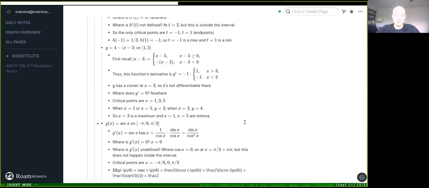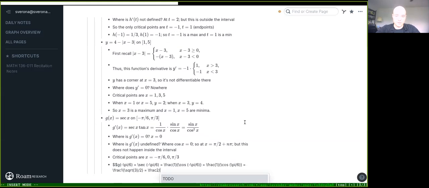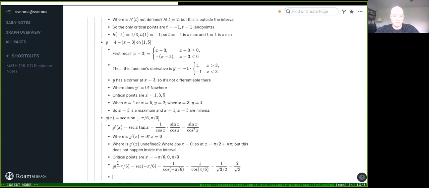So my final number for this is going to be 2 over square root of 3. 2 over square root of 3, that's right. That almost works. Let me put my display style in there and see what I get. That's better. Okay.